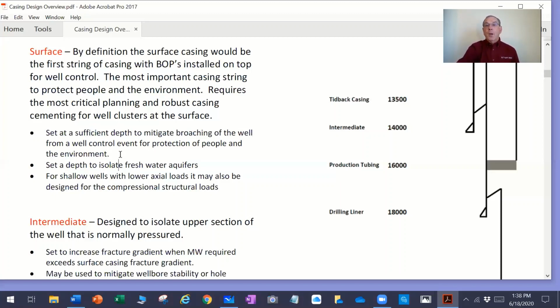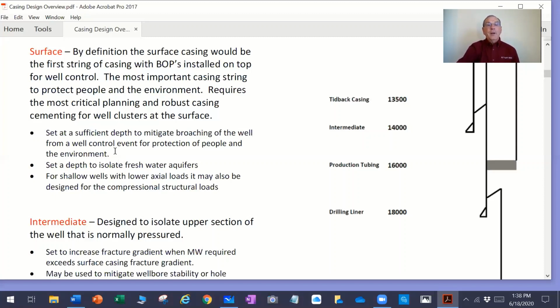The well doesn't blow out. It doesn't breach around the outside of the casing. So it doesn't make any media event, and it protects people and the environment. So that's why surface casing is so important.